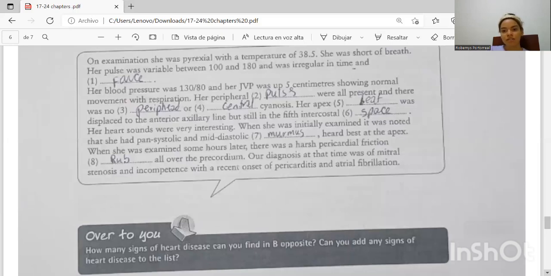When she was initially examined, it was noted that she had a pansystolic and mid-diastolic murmur, loudest at the apex.